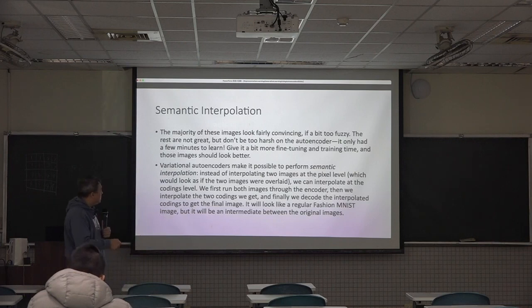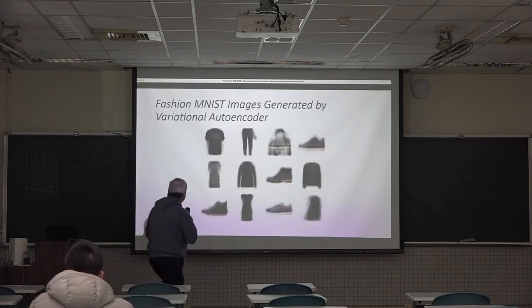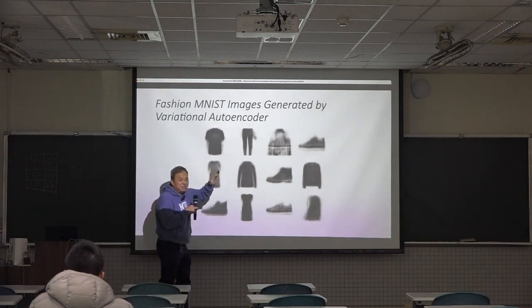Instead of interpolating two images at the pixel level, normally when you do interpolation, for example, you just add up these two images pixel by pixel and then divide by 2, right?